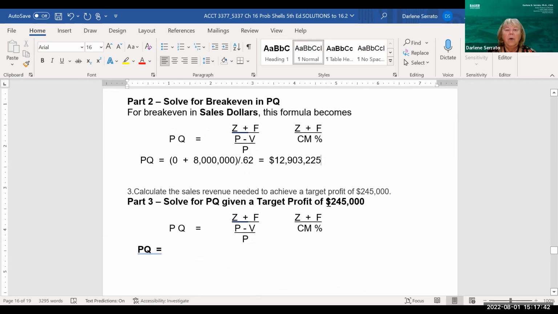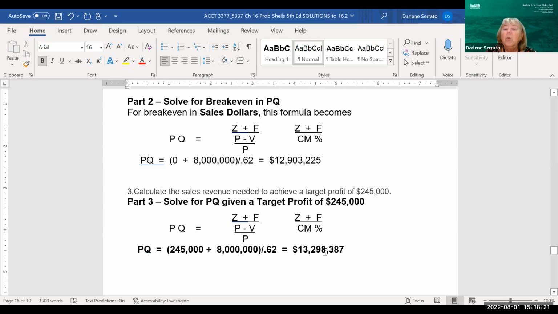Then we wanted a target profit of 245,000. That is, Z is 245,000 plus F of 8 million divided by 0.62 equals 13,298,387.